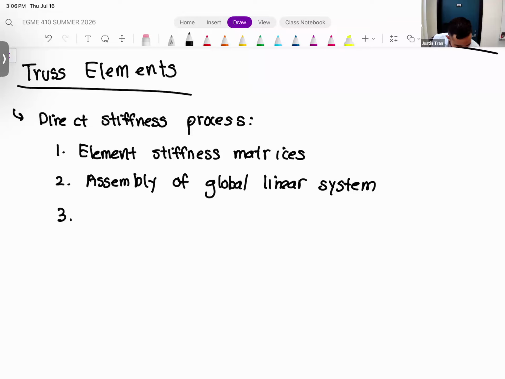Step three is to apply boundary conditions. What the boundary conditions do mathematically is that they modify our global linear system.